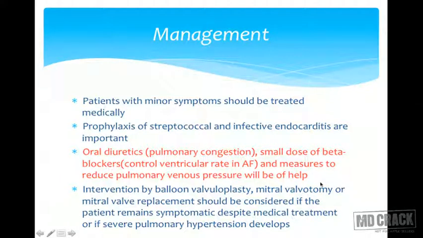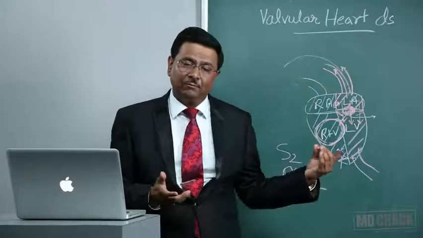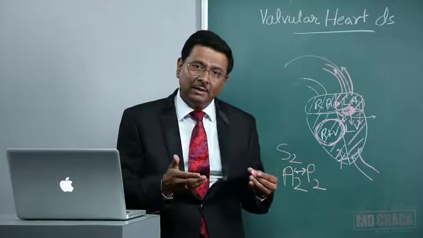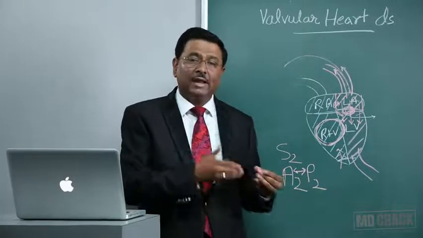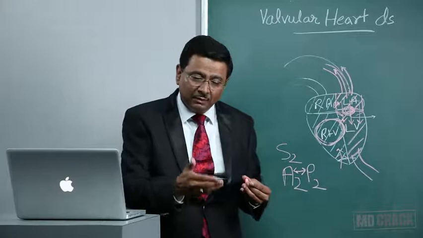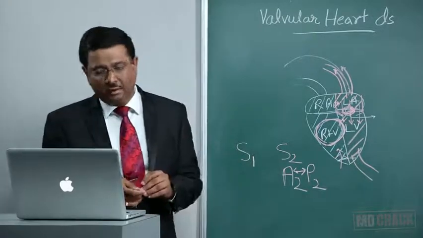Intervention by balloon valvuloplasty, mitral valvulotomy, or mitral valve replacement should be considered if the patient remains symptomatic despite medical treatment, or if severe pulmonary hypertension develops. So you can manage the patient medically by giving diuretics, small doses of beta blocker and other things. But if the condition deteriorates, then definitely you have to go for a surgical intervention.